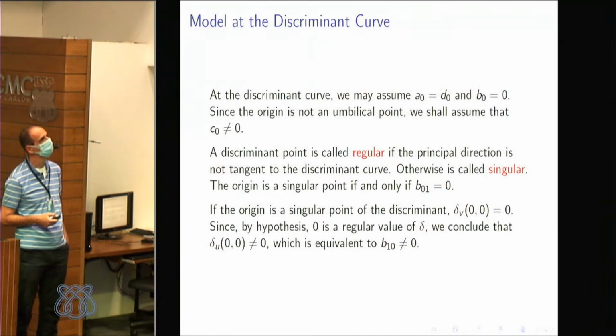A discriminant point is regular if the principal direction is not tangent to the discriminant curve. Otherwise, it is called singular. The origin is singular if B01 is equal to 0. This is all immediate. And since 0 is a regular value of delta, we have that B10 should be different from 0, just to make the calculations.